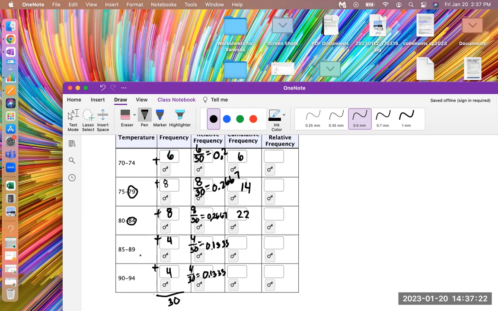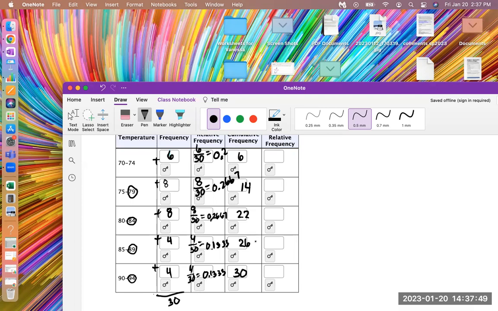And this one is all frequencies less than 89, which is 4 plus 8 plus 8 plus 6, or 22 plus 4, which is 26. And the last one, how many values were less than 94? All of the values were 94 or less, so that's 30.